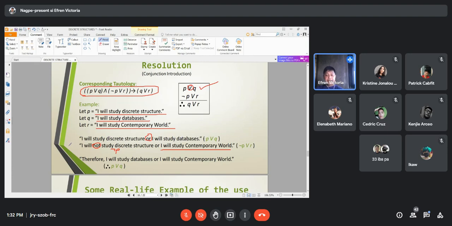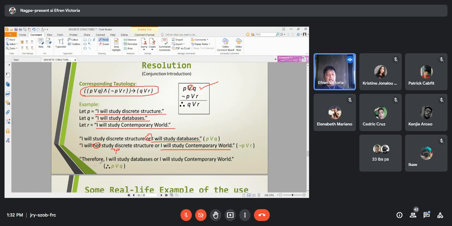But in second premise natin, yung proposition natin is I will not study discrete structure. So, it implies that in first premise natin, ang aralin niya is database. So, sa second premise natin, I will not study discrete structure or I will study contemporary world.